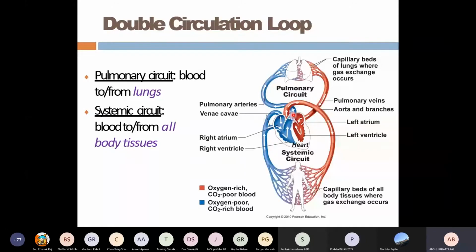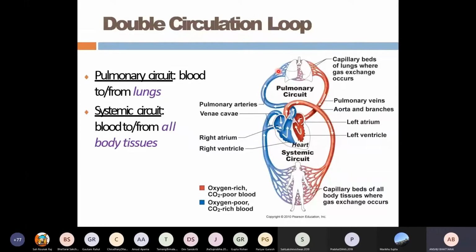From right ventricle, they go to the pulmonary arteries, and these pulmonary arteries again take the deoxygenated blood to the lungs. The pulmonary arteries divide and redivide and they form pulmonary capillaries. You can see over here. And these pulmonary capillaries now are involved in gas exchange.